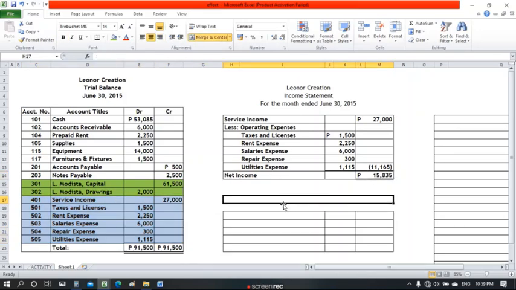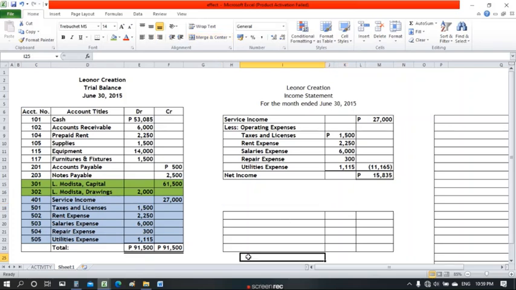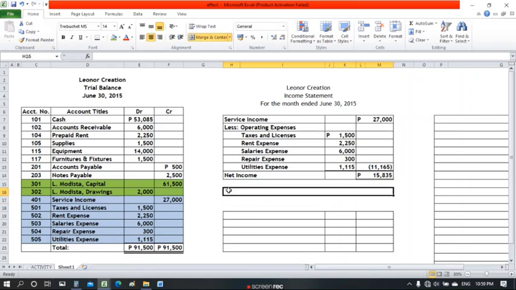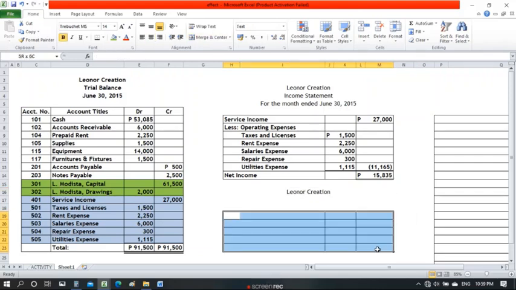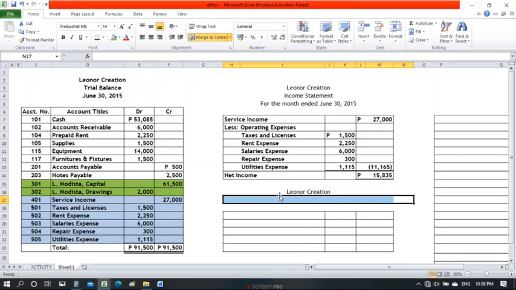So, in preparing the statement of changes in owner's equity, again, you need to prepare a heading. So, the heading is the name of the business, Leonor Creation. It is to be written at the center above your answer sheet or given sheet. And then the statement of changes in owner's equity.